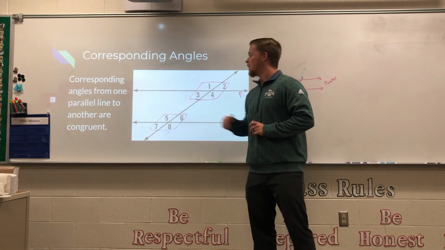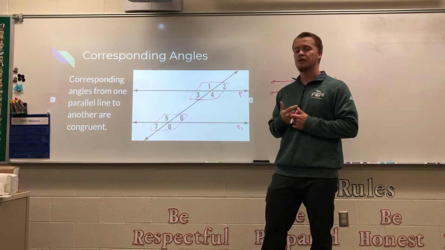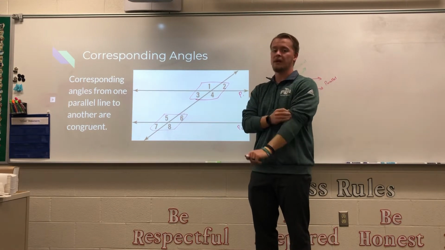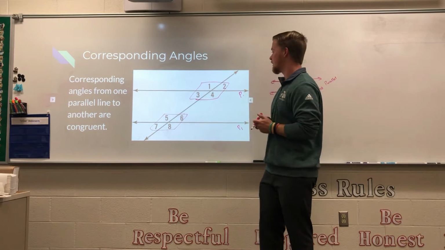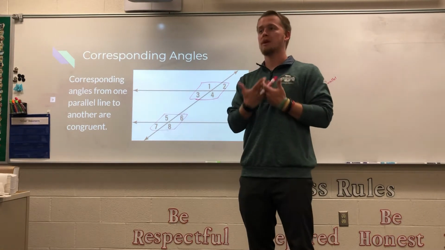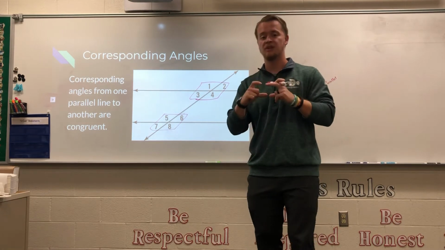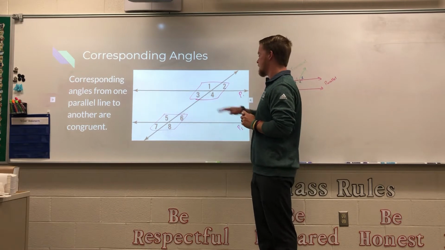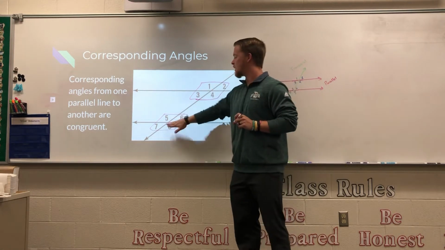Then from there you're just looking at which angles, like we've talked about before with corresponding. We talked about corresponding angles with shapes, and now we're talking about them with parallel lines and transversals. Corresponding means which angles are in the same position on both sets, or both boxes in this case.